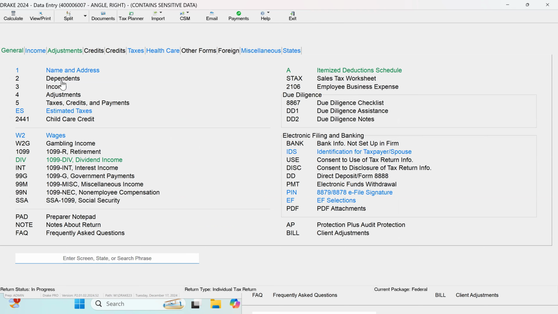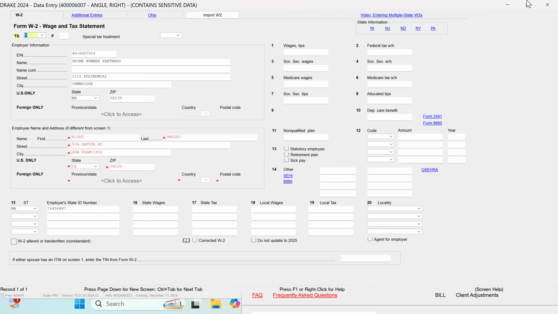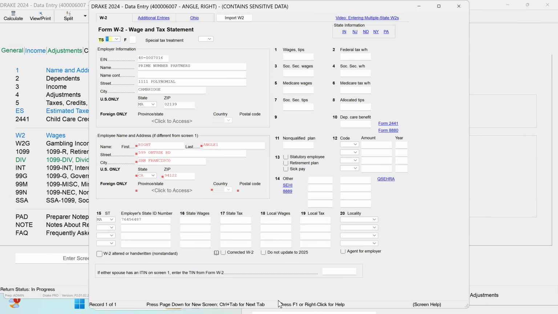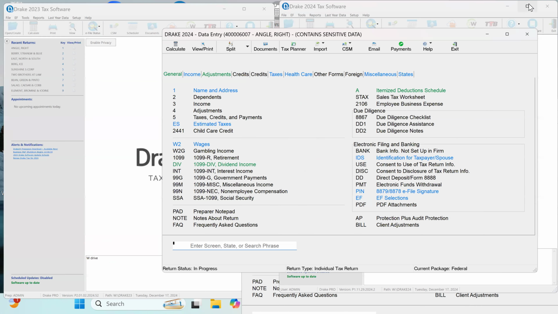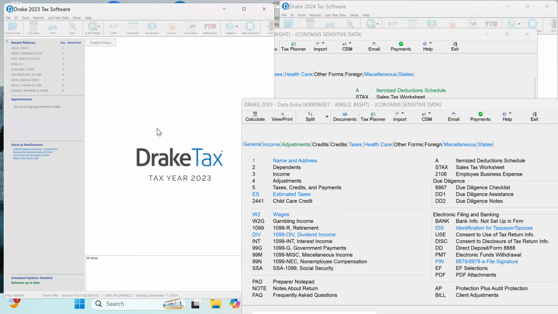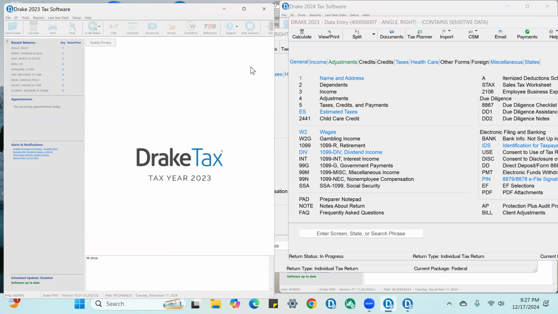Now, the wages, the W-2. You remember, now let's get this one in here. The escape button doesn't work. Let me get, okay. Get this one in here. It's 24.